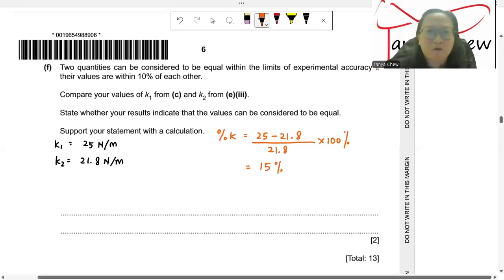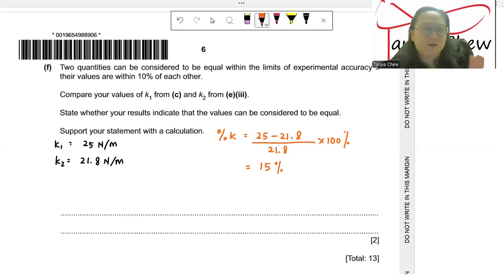5% more than the limits of experimental accuracy, right? So this is how I'm going to answer.